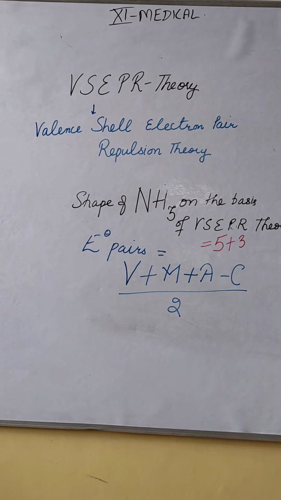If it is a cation, then minus the charge, and if it is an anion, then plus the charge. If it is neutral, then no need to add or subtract. It must be divided by 2, which gives 4, which means how many electron pairs?